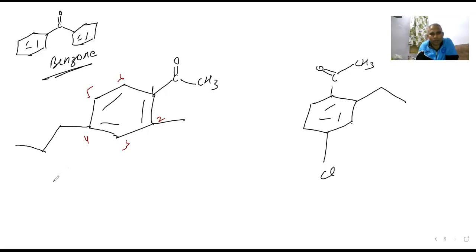What is this? 3 carbons, 1, 2, 3. So 4-propyl. Correct, 4-propyl. So 2-methyl, 4-propyl.